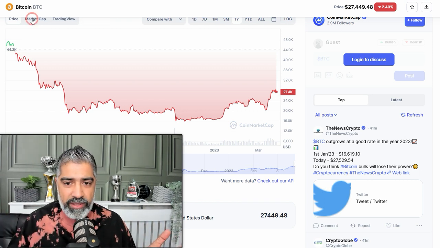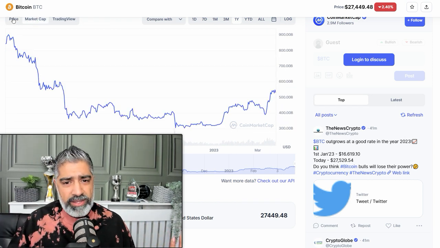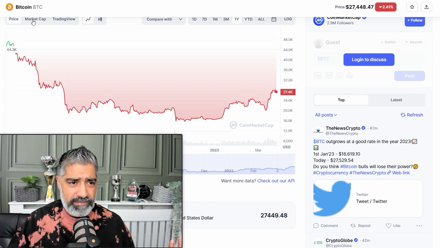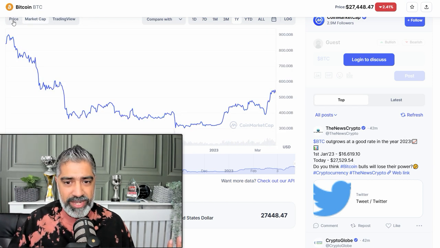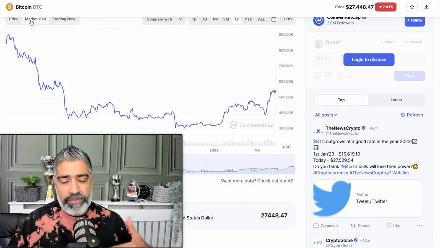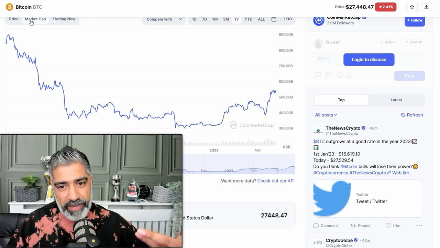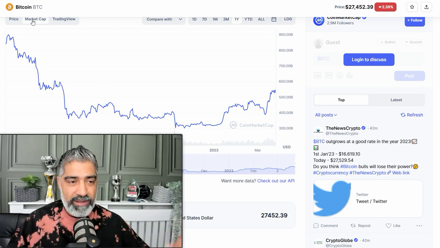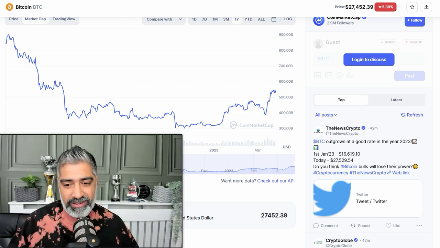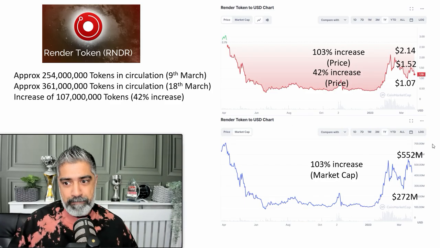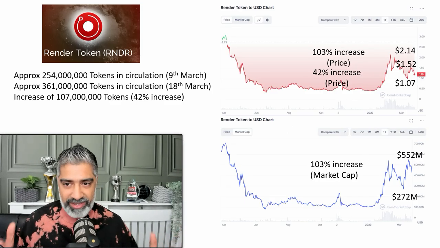There you go, right? So it's identical, give or take, pretty much identical. That's because the tokens put into circulation, there are more, but it's so small because of Bitcoin's protocol. Whereas with Render, a 42% increase in token circulation is going to suppress the price.